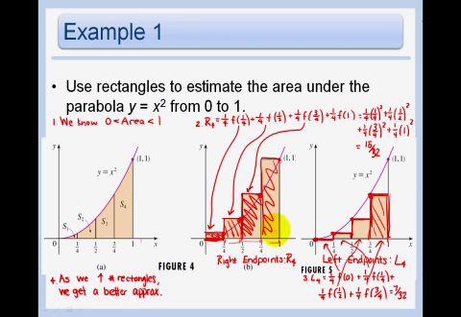Right, and in each of these cases, we only use the 4 rectangles, so our approximation isn't really that great. And what else can we notice, just based on what we have so far? We know that the L4 was too small, and our R4 was too large.